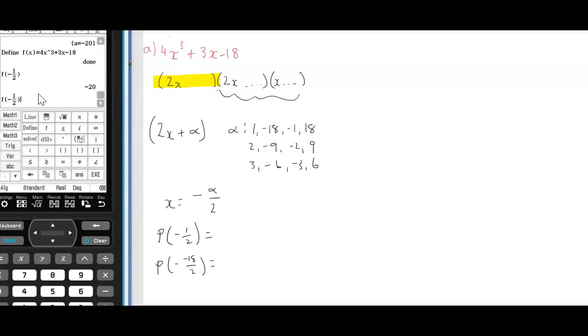Let's try negative 18. You don't have to type negative. All right, so we get that. And you can try all different values. I think I can remember what the answer is. I think it's either 3 or negative 3. Let me just check, all right, must be negative 3.